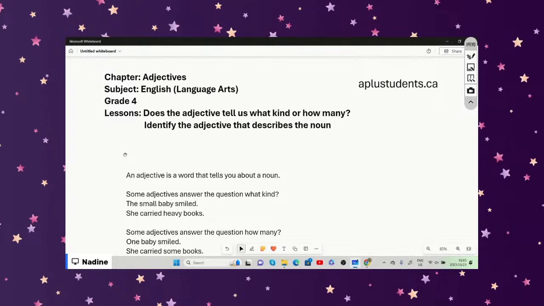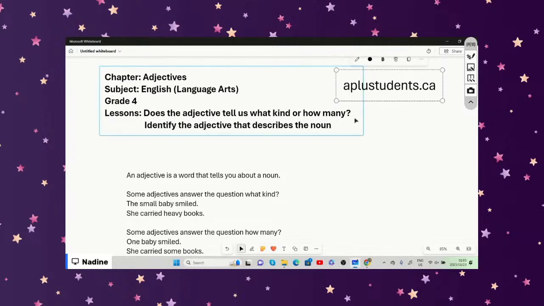And the lessons that we are going to be focusing on under our chapter of adjectives are: does the adjective tell us what kind or how many, and identify the adjective that describes the noun. And we are doing our tutorial lesson on aplusstudents.ca.